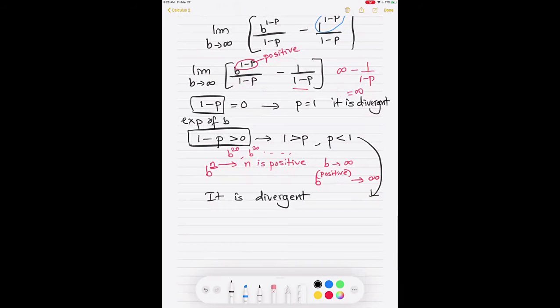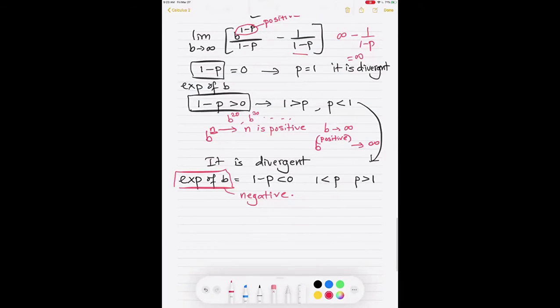Well, what if the exponent of b is negative? If it is negative, then 1 is less than p, which means p is greater than 1. And I'm going to write that: the exponent of b is a negative number.